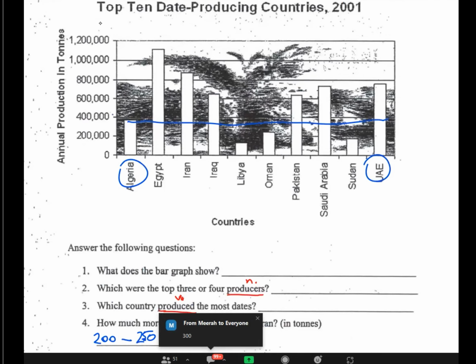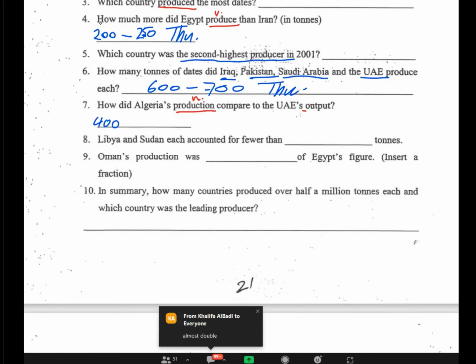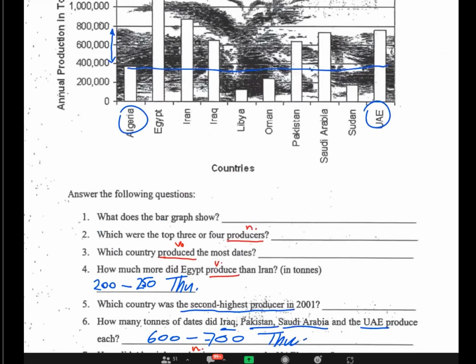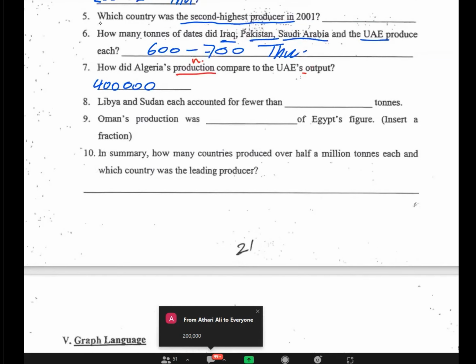Yeah, from 4 to 8, about 400,000. Yeah, almost double. Libya and Sudan each accounted for fewer than tons. Libya and Sudan, fewer than 200 tons, yes. 200,000 it means, okay?